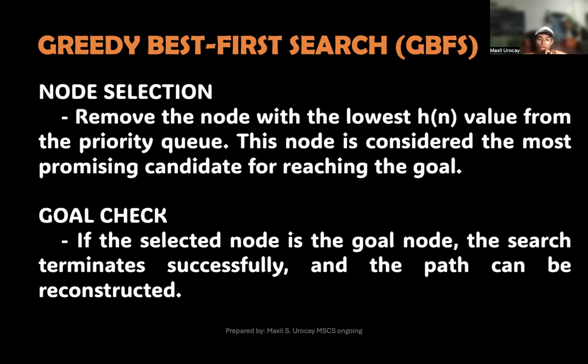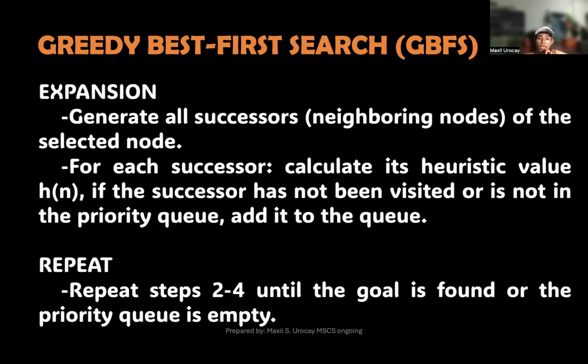For goal checking, if the selected node is a goal node, the search terminates successfully and the path can be reconstructed. So if you were able to find the goal already, you will just stop the algorithm. For expansion, generate all successor neighboring nodes of the selected node, meaning you include them in your queue.